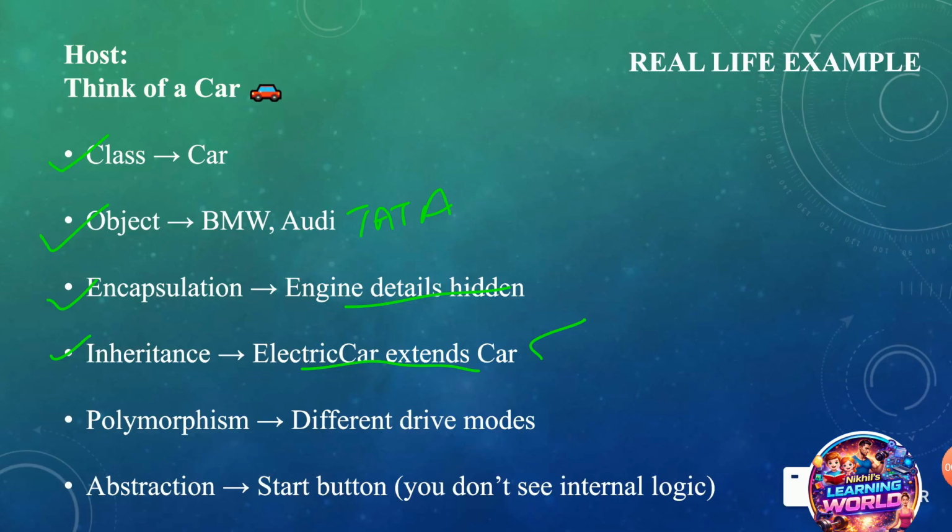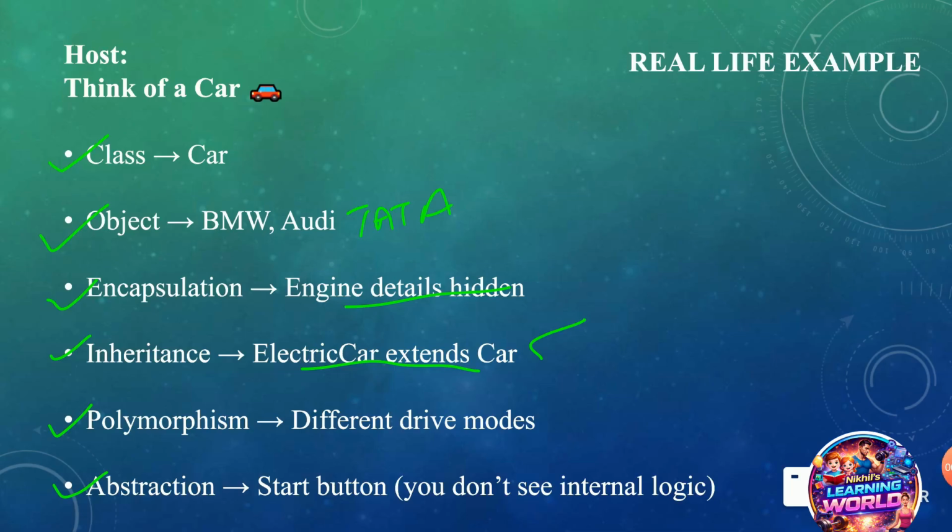But the electric car inherits from the old cars things like steering, tires, body shape, and other things, apart from the engine, because old cars use petrol and diesel engines, but in an electric car the battery is the main part. So inheritance is like an electric car extending the old cars.